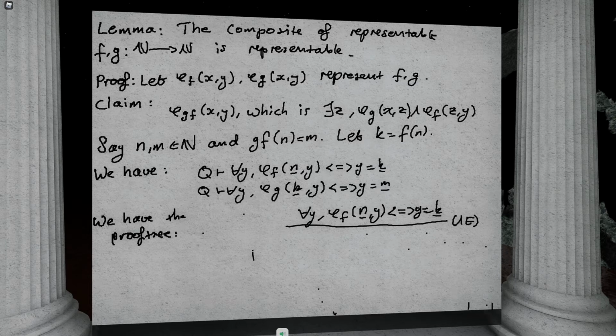Okay, I begin with a for all elimination. Wait, is that what I want? No, sorry. I want conjunction elimination. So I'm just going to use one of these implications to begin with, because don't forget the shorthand here.